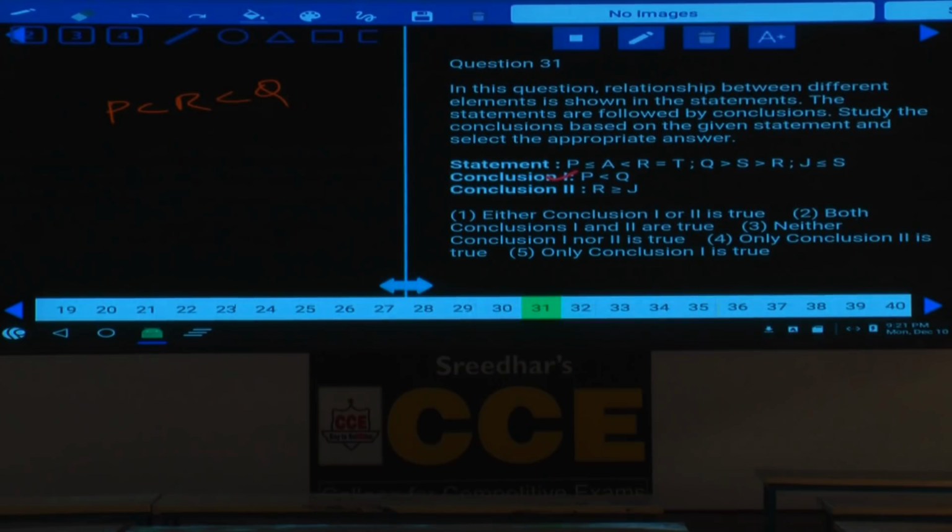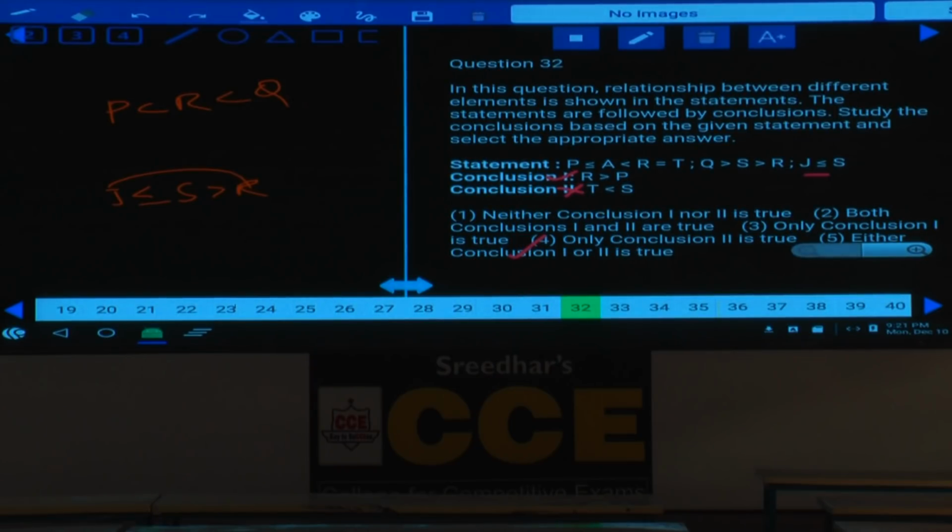R lesser than S, S greater than J. Now S greater than R, and here J lesser than or equals to S. As J lesser than or equals to S, S greater than R, between J and R there are 2 opposite symbols, hence no conclusion can be drawn. Only conclusion 1 follows, that is given in choice 5. Question number 31, choice 5.